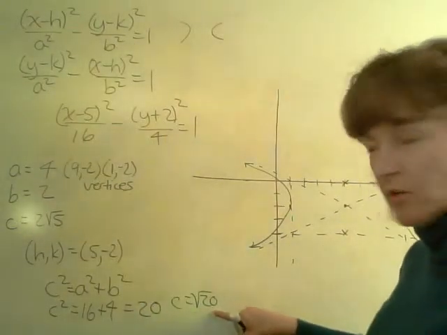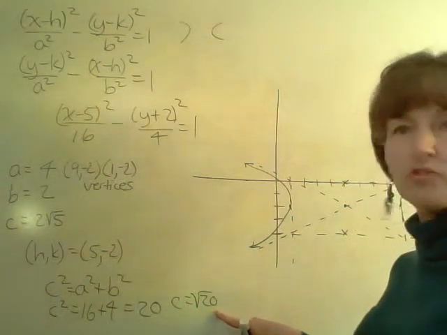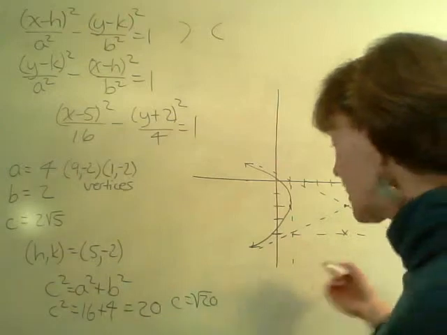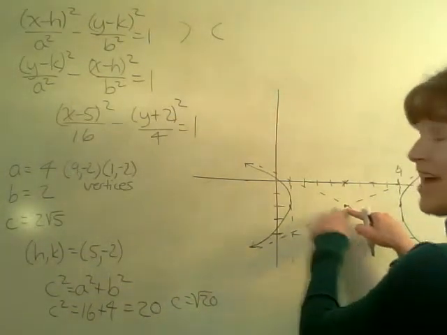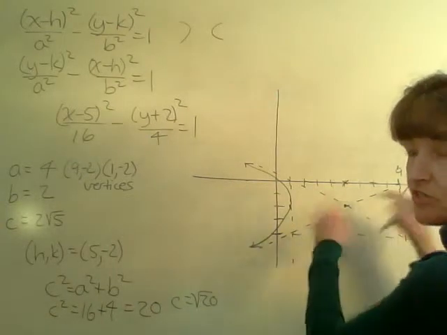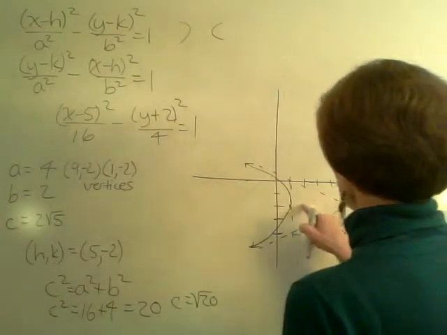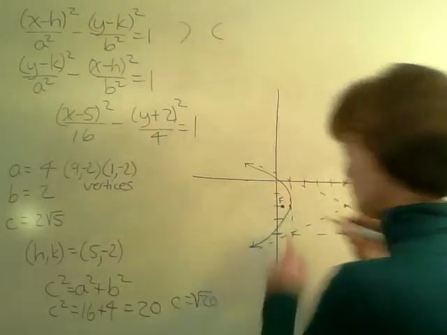Now, the square root of 20 is about halfway between the square root of 16 and the square root of 25. So it's about halfway between 4 and 5. So we'll estimate it to be around 4.5. So I'm going to go 4.5 units from the center horizontally to find my foci. That's 1, 2, 3, 4.5. Gives me a focus there.